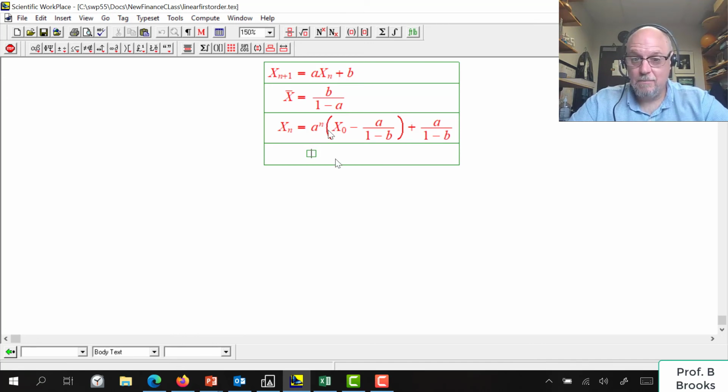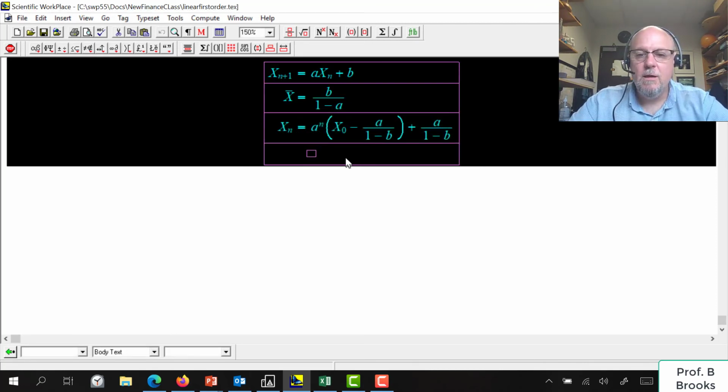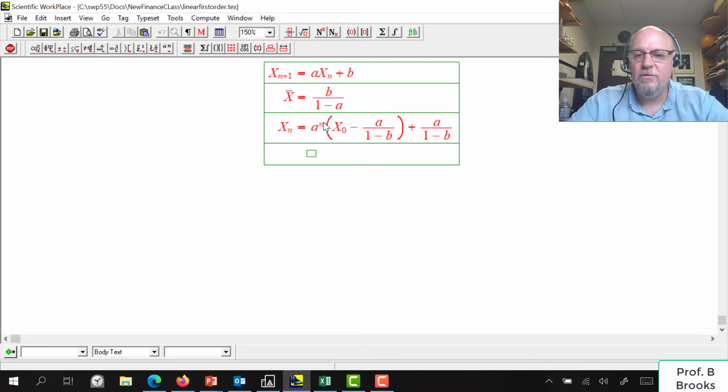So it's a to the n. If a was a number bigger than 1, 1.05, using the first example from the previous video, then this would be 1.05 to the n, and as n goes off to infinity, 1.05 times 1.05 times 1.05 shoots off to infinity. And so we're going away from the equilibrium.